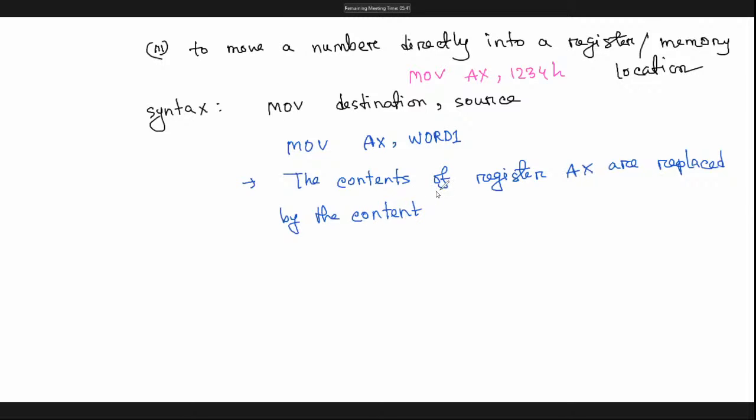You know that WORD1 is called a memory location, or it is also called a variable. So we use these two terms for the same thing.